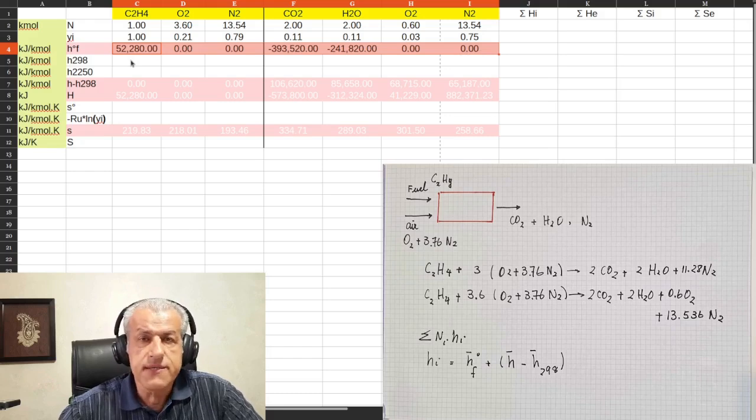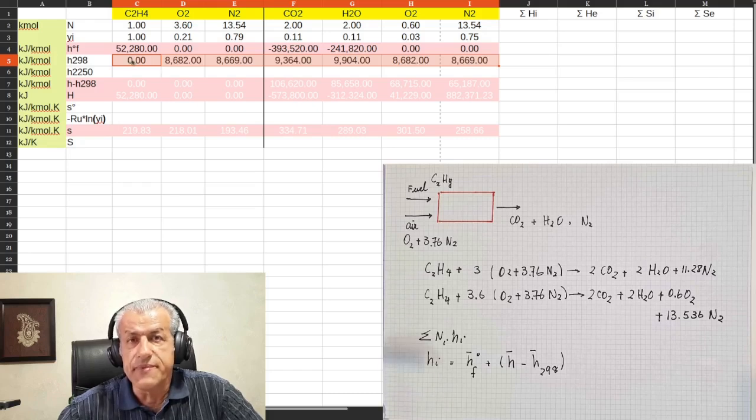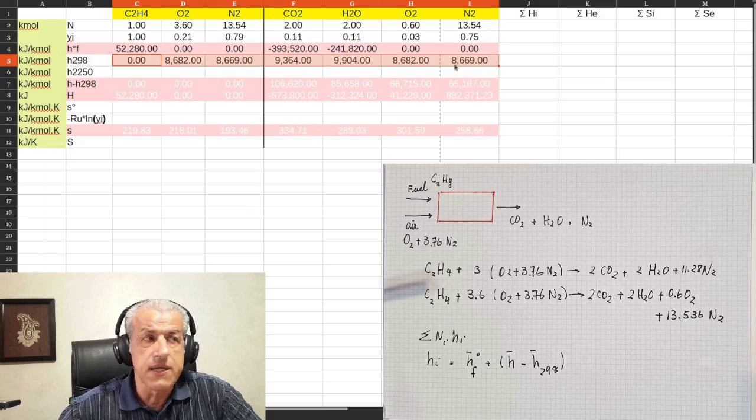As for sensible enthalpy, we could read it also from the table, and if we do that, the enthalpy of our fuel is given as 0, since the base point for the fuel for presenting it is 0. For O2 and N2, these are the values that we read and we produce in the table.